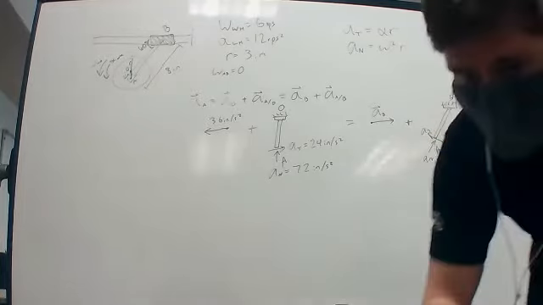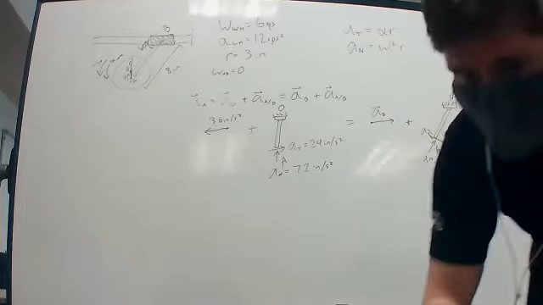Then next we could do some of the forces in the X. That's going to be minus 36 plus 24 equal to plus alpha AB times minus sine of alpha, 8 inches.